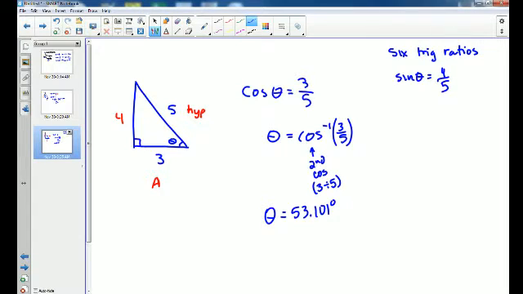And what's tangent? Opposite first. Okay. The other 3 are secant, cosecant, and cotangent.